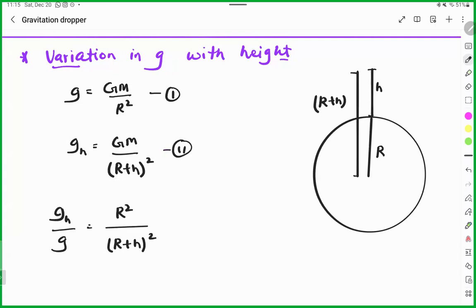Any doubt? Because g is inversely proportional to the radius or distance. Yes or no? Yes, sir. If you take common value r square in the denominator, here it will be this.